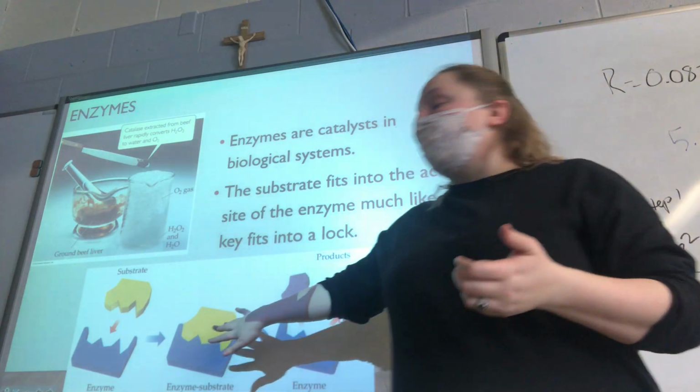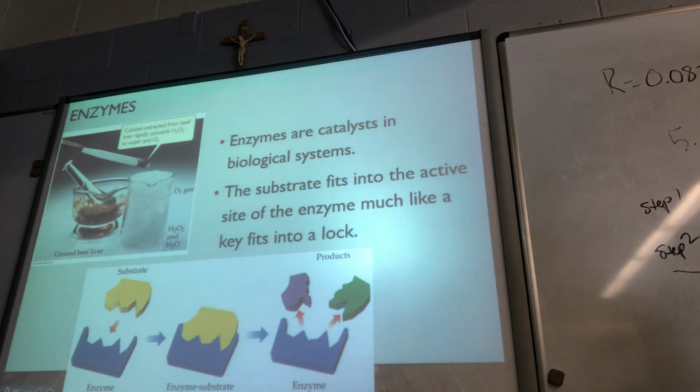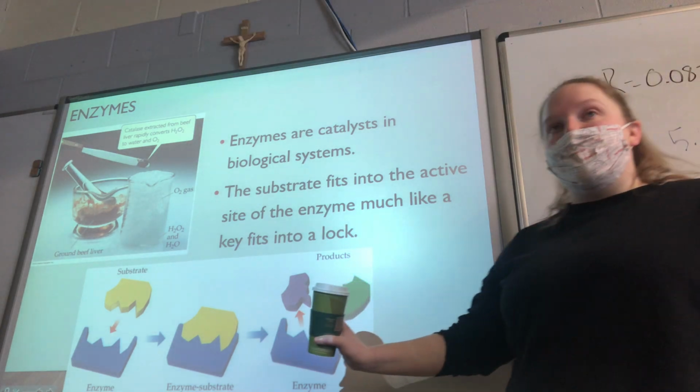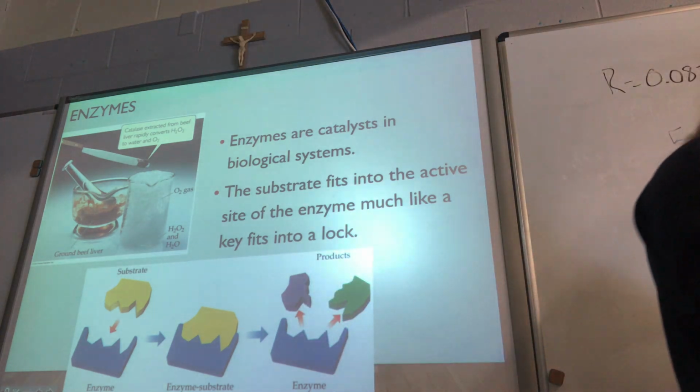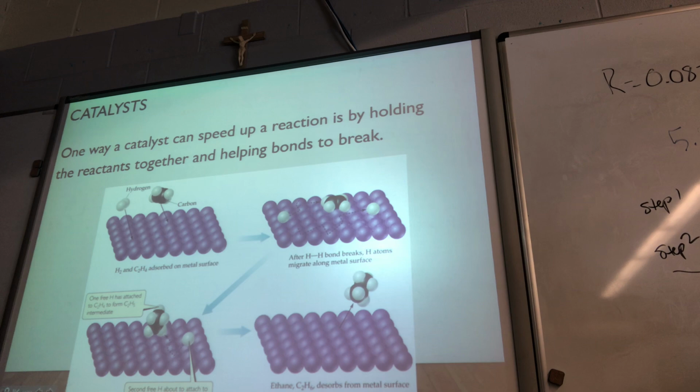We call them substrates for a reason. They are only there temporarily. They are not going to bind forever. They're specific shaped. It's like a lock and key method. Yes, ma'am? Sure. Like we said, there's really 2 major ways that catalysts speed up a reaction. One is to just provide a safe space. The other is to provide a very quick space for things to happen, and that's what the enzymes do.